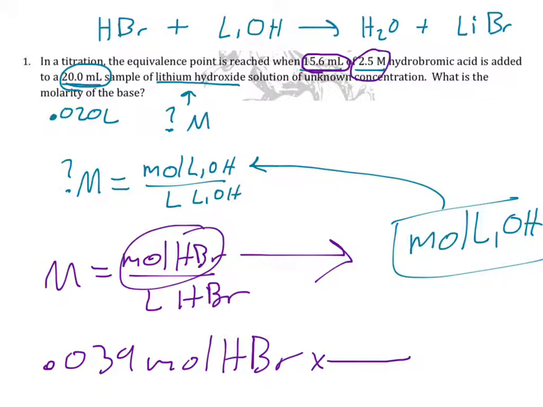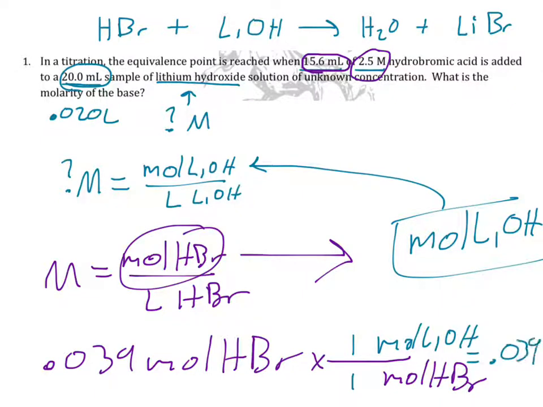And then all we need to do is go from moles of HBr to moles of lithium hydroxide. And from the balanced chemical equation, it is a 1-to-1 ratio. So this happens to be 0.039 moles of HBr.